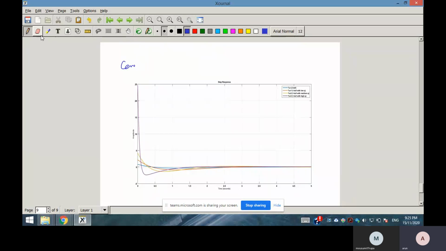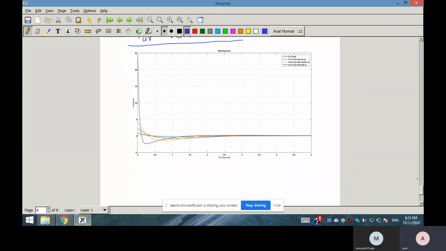Sorry, I should write here T U to R characteristics. What is T U to R characteristics? Now you can see. The 2 degree of freedom response is only this one. This is your 2 degree of freedom response, and others are for 1 degree of freedom response.